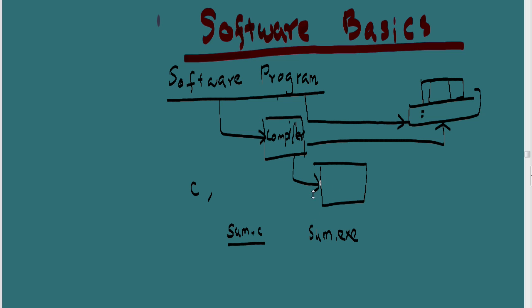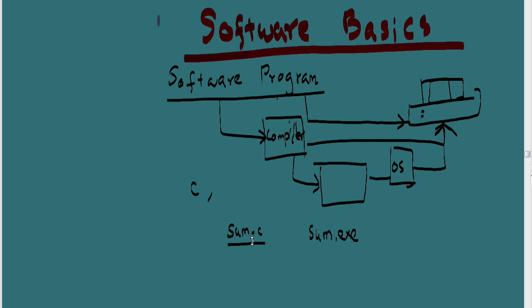Now what is there in the sum.exe is really, so let's say this is your compiler and this is the, let's say, operating system, which ultimately is the gateway to all the hardware interface. So usually you have separate compilers for separate operating systems. So if you are developing the program on a Windows machine, then your compiler would be very specific to Windows.